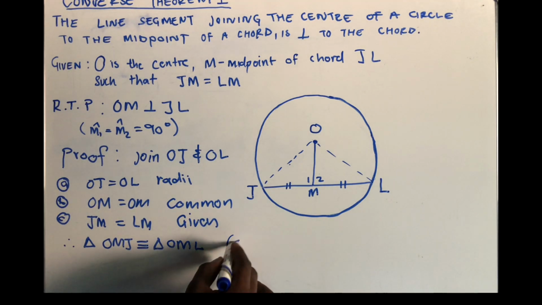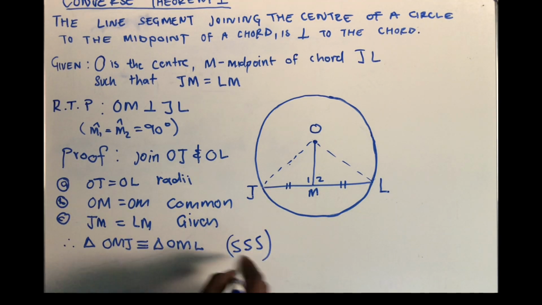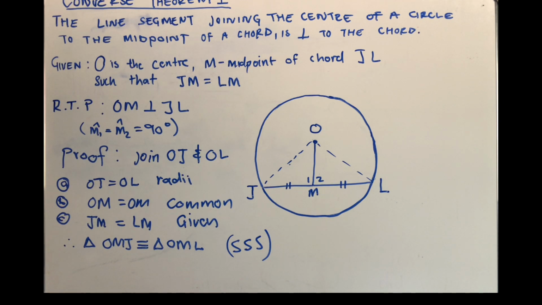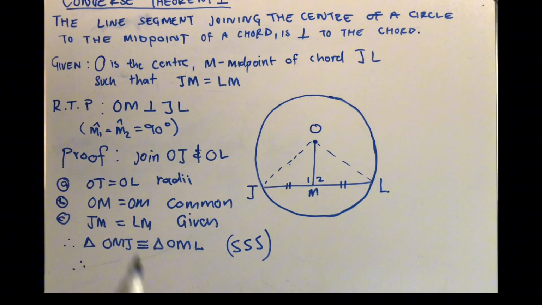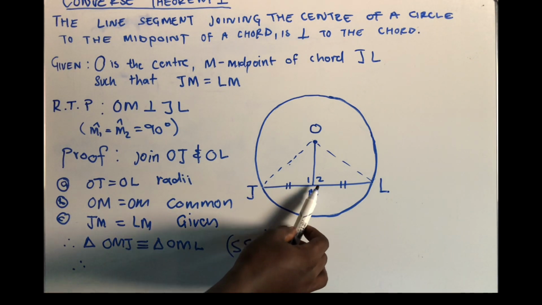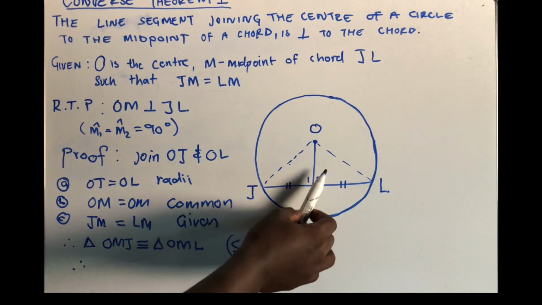So we've proved 3 sides. Side, side, side. Therefore, angle. Okay, I want you to listen carefully now. If we're saying these triangles are congruent, that means M1 is also equals to M2.